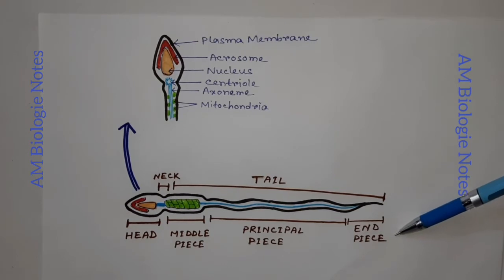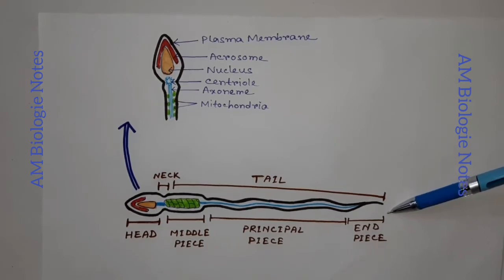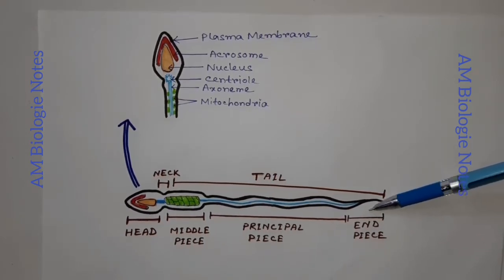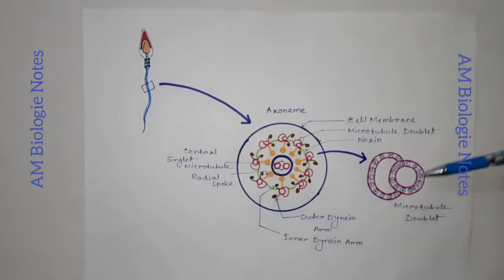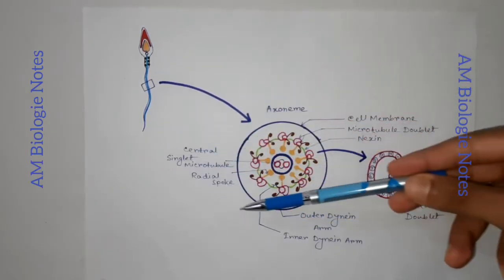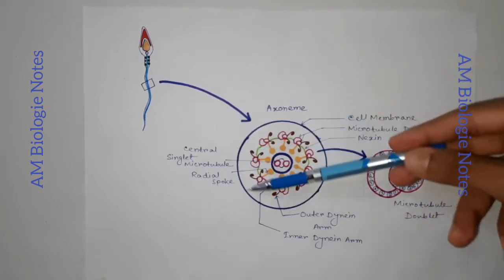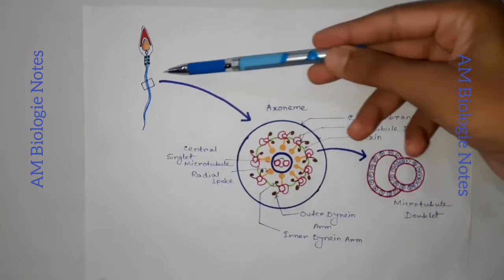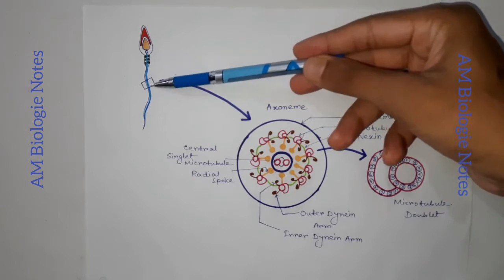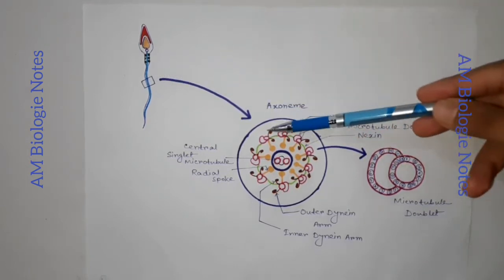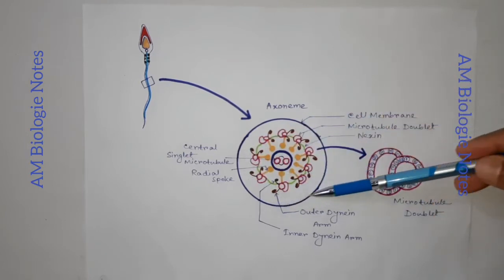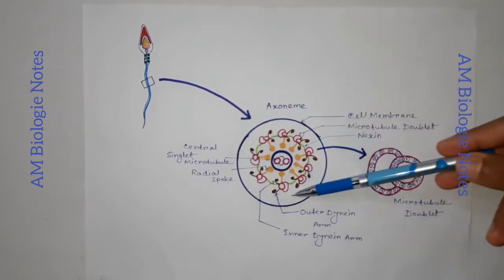In the next clip, I will discuss the core structure of the tail region. In this diagram, I am showing you how the axoneme is arranged in the sperm tail region. If we make a cross section of the flagellum of a mammalian spermatozoon, then we will find this basic structure.